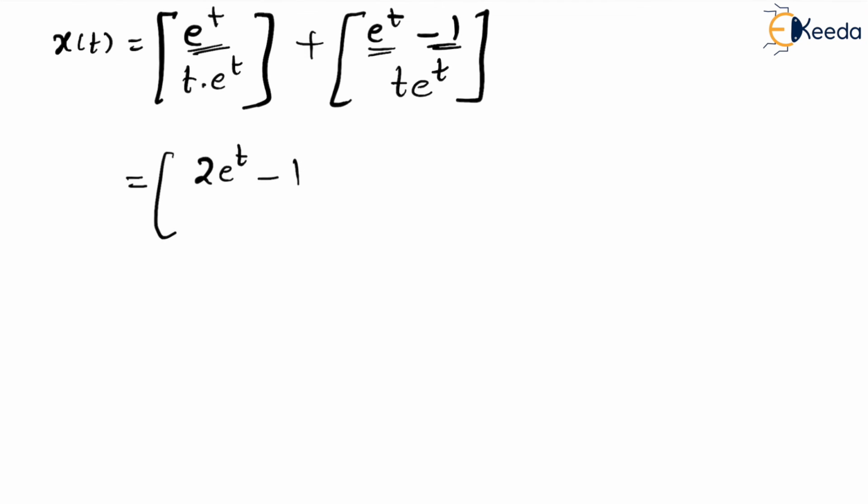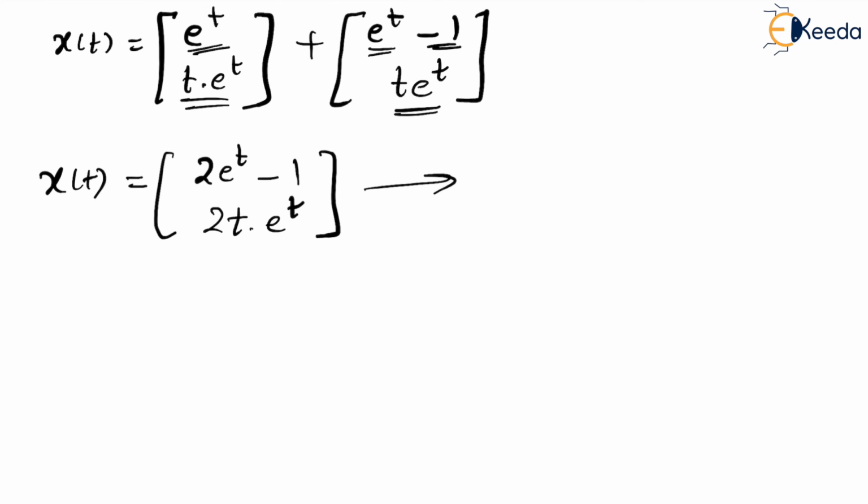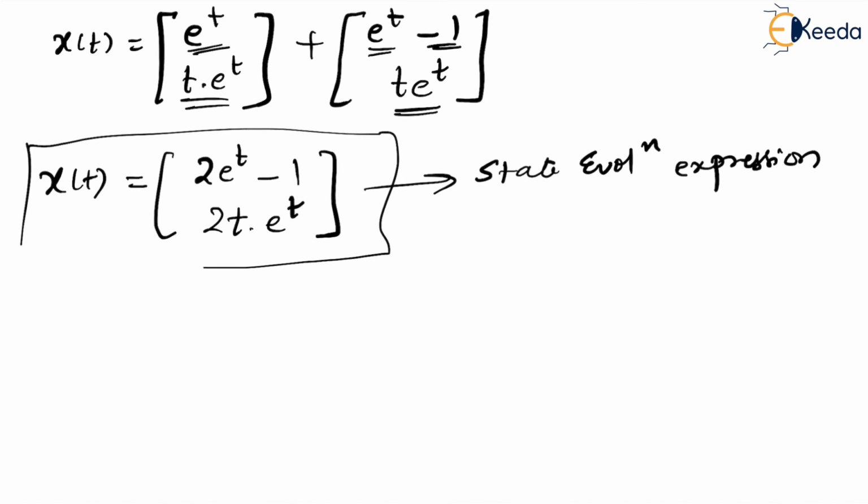And here at the bottom you get t into e to the power t plus t into e to the power t. So it is again 2 into t into e to the power t. This is the expression. What is this? This is nothing but x of t. Is it our state evolution expression? Yes. So this is nothing but the state evolution expression. This is what has been asked in the question. So x of t is nothing but this one.